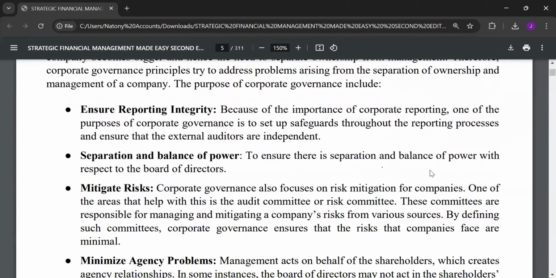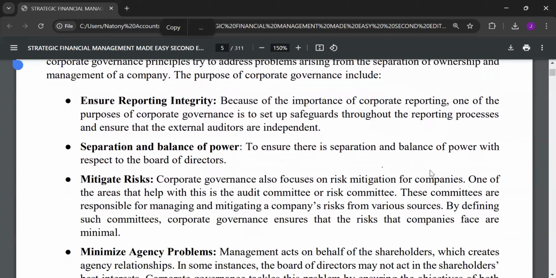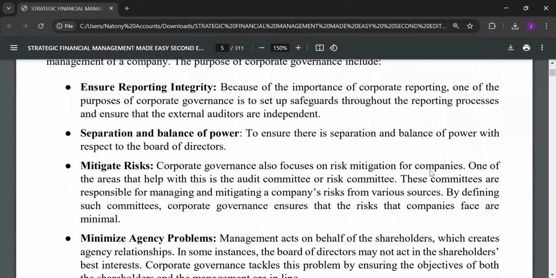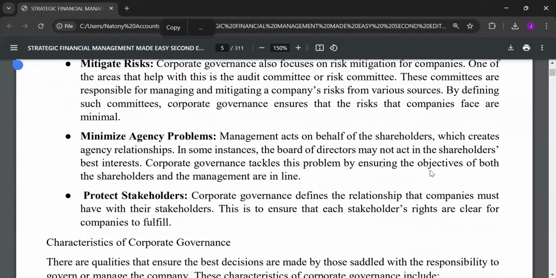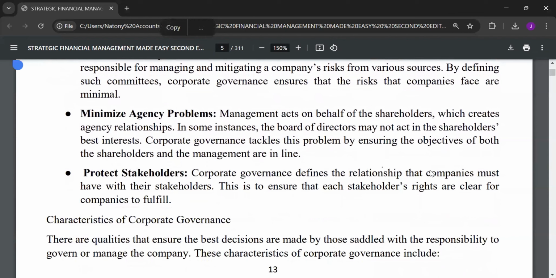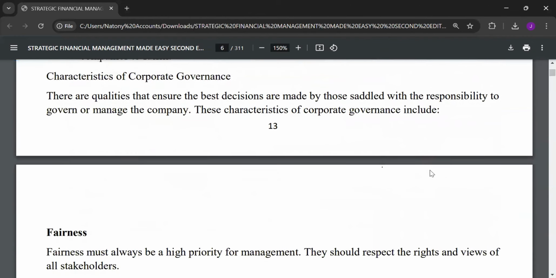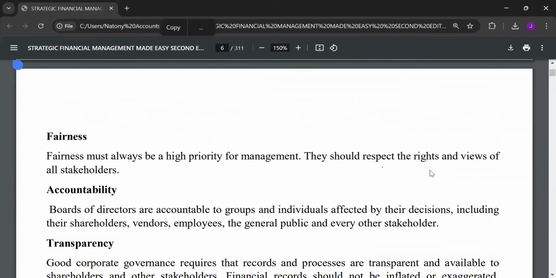Also, this code is aimed at reducing risk, mitigating risk. This is done through the audit committee, and also to minimize agency problems and protect shareholders and other stakeholders. These are the basic reasons, or the purposes rather, of the code of corporate governance. And some of the characteristics include fairness.